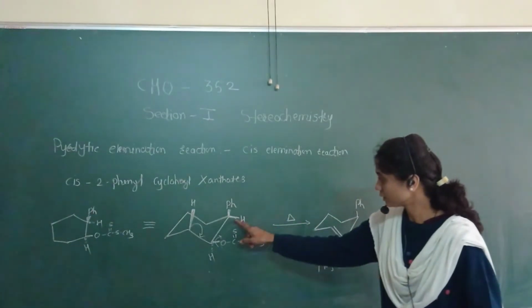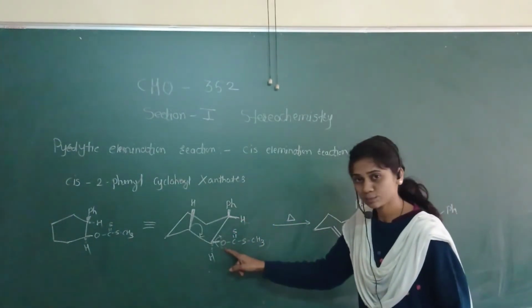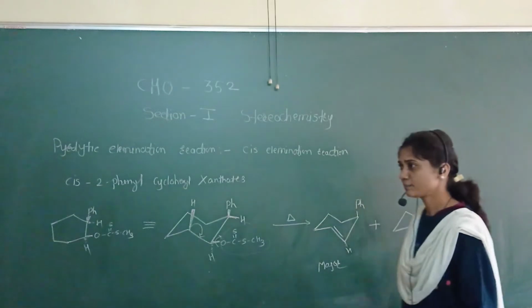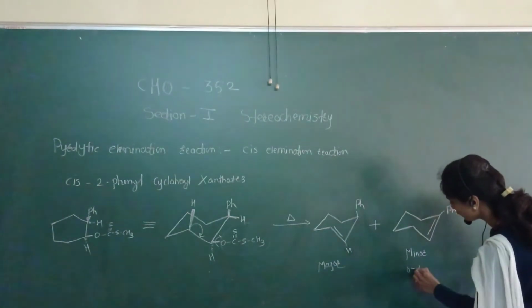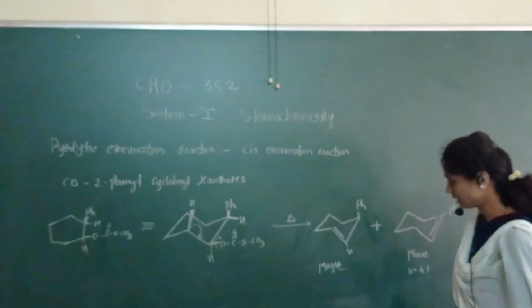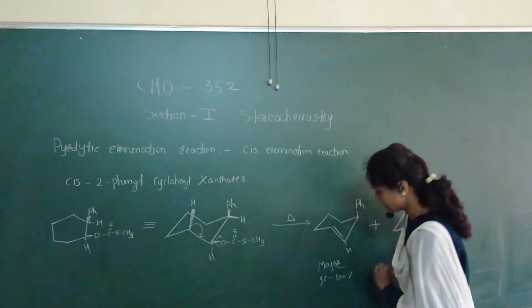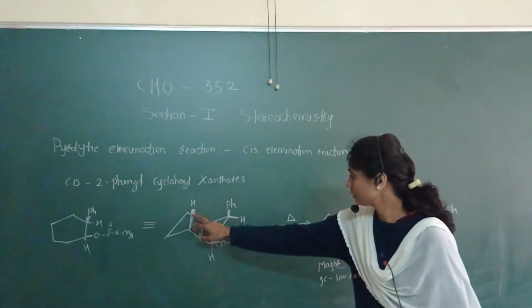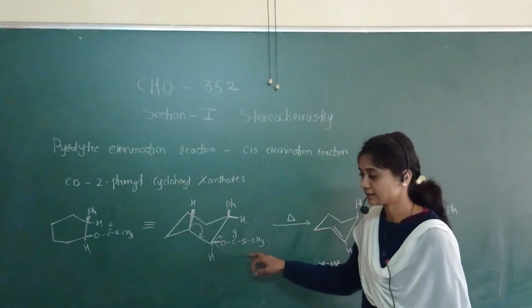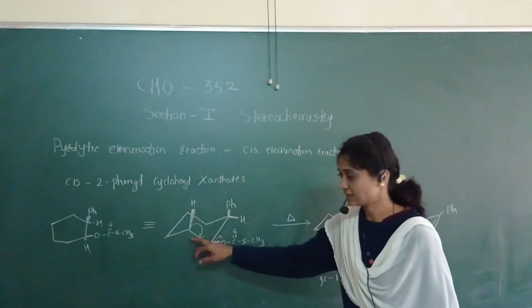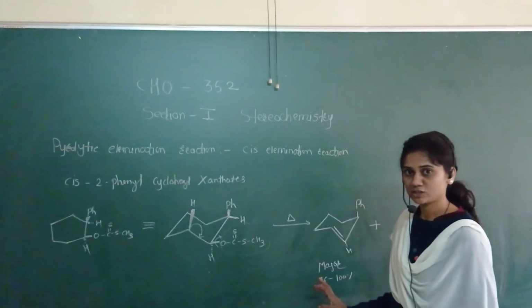Under heating condition we get this product but it is minor, a small amount like 0 to 4%, and here 96 to 100% is the major product, and this hydrogen and this eliminating group xanthate must be cis to each other, hence we get a major product.